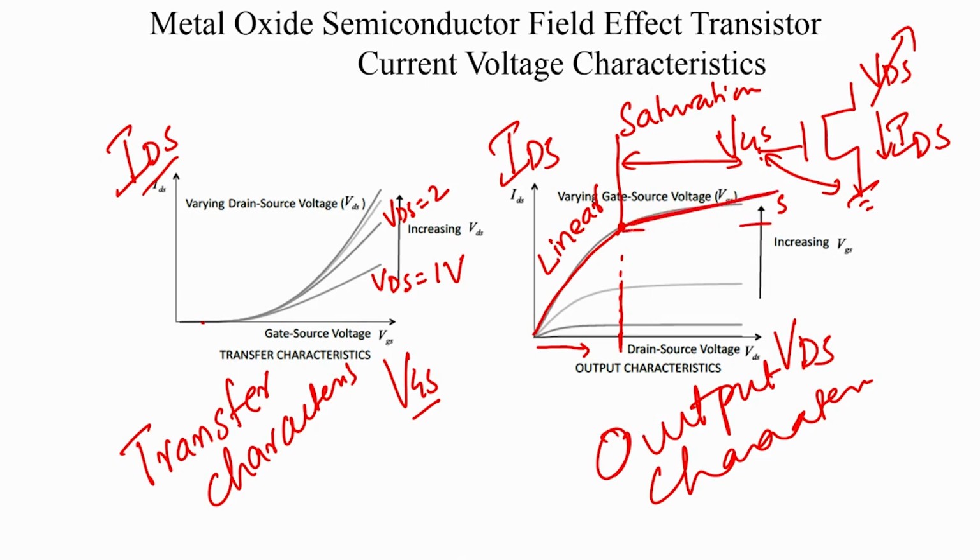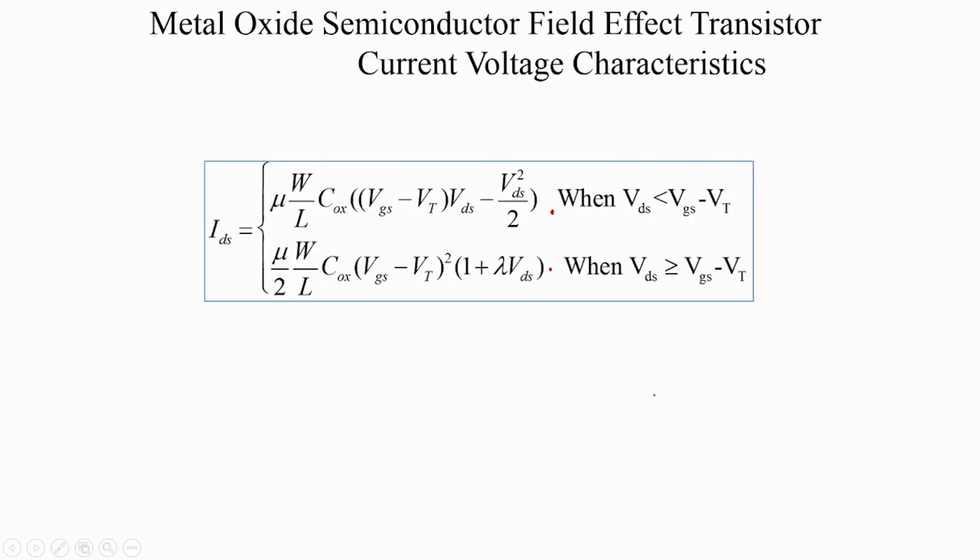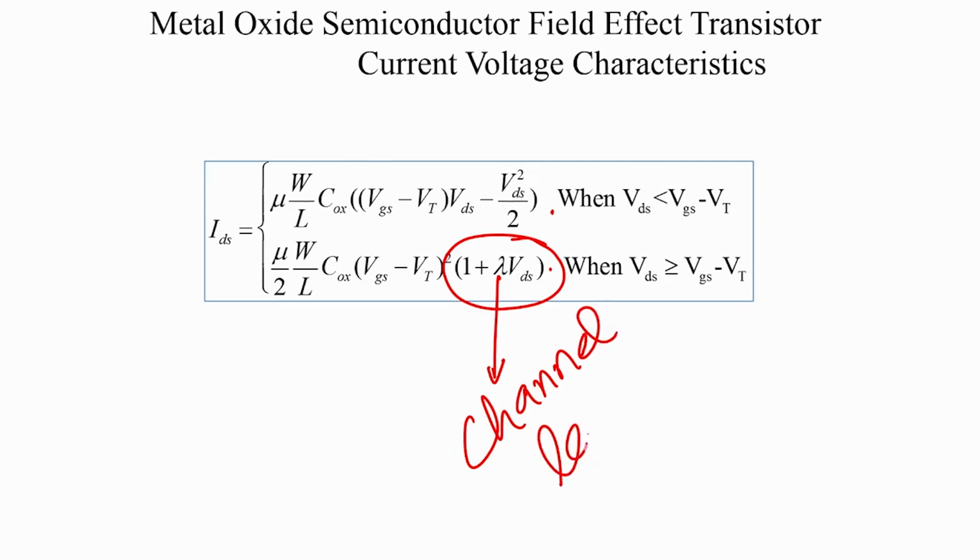So, the current does increase a little with increasing VDS, but not by too much. And that is empirically added in by this little linear relation, where this lambda is called the channel length modulation parameter.